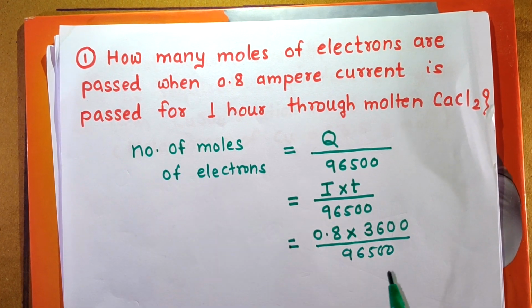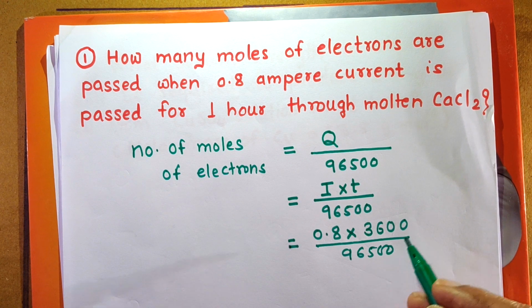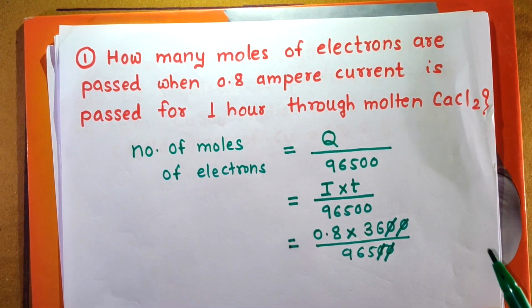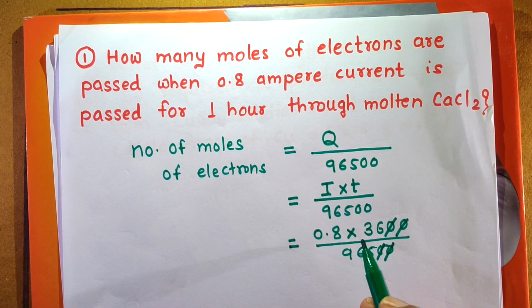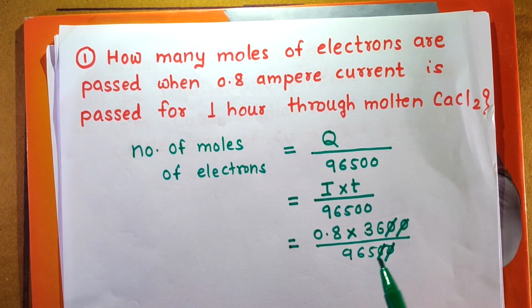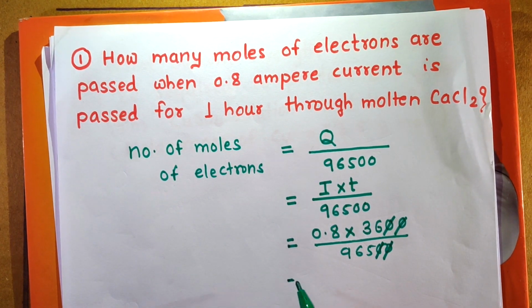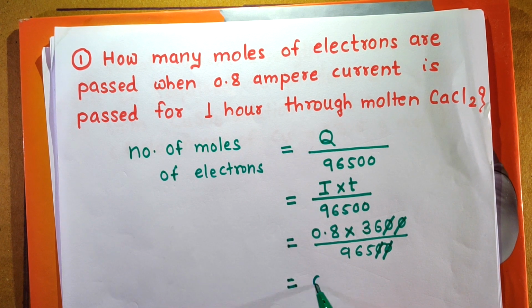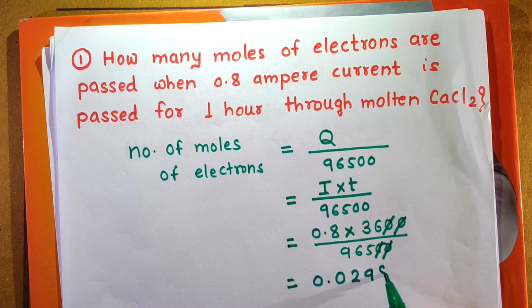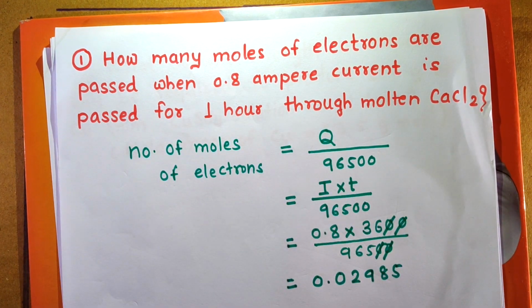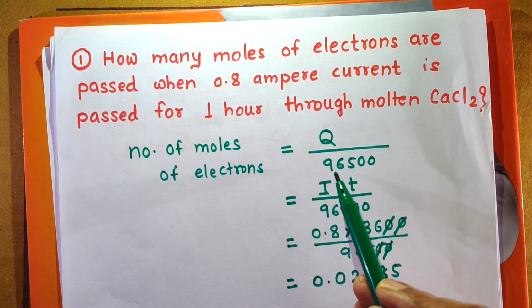So number of moles of electrons we can calculate by solving this problem like this. The zeros are cancelled. You have to see the log of 0.8 plus log of 36 minus log of 965, and if you calculate this value, it will be 0.02985. So number of moles of electrons passed can be calculated by using this formula, Q upon 96500.